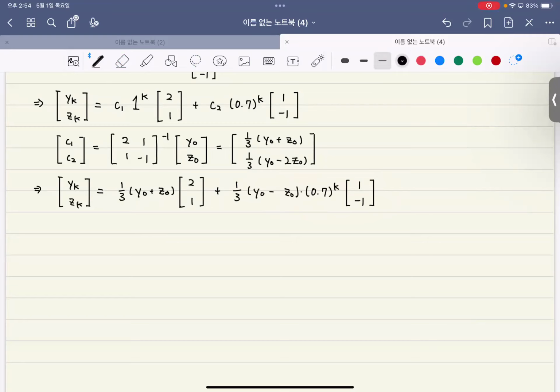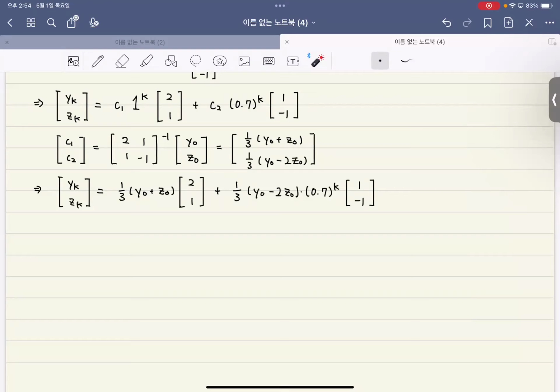Just one more thing to add. What happens if k goes to infinity? I really want to see if the population stabilizes or not.